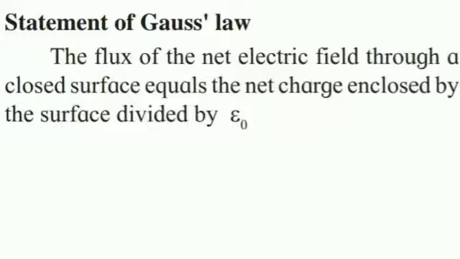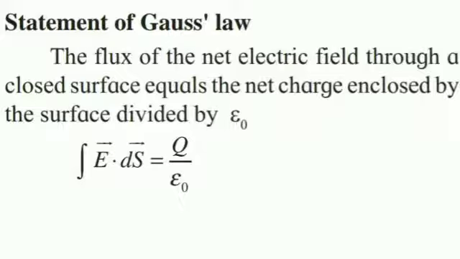That is the statement of Gauss's law that we studied in class 11th, and the mathematical expression for the same was the integration of vector E dot vector ds, where vector E is the electric field and vector ds is the area, is equal to Q upon epsilon naught, that is charge.